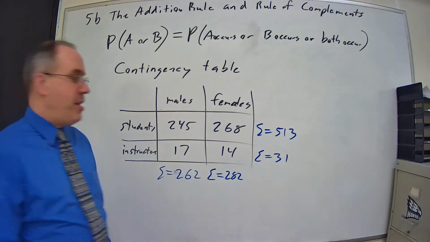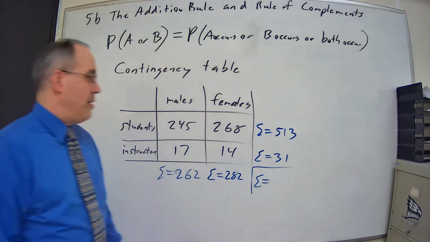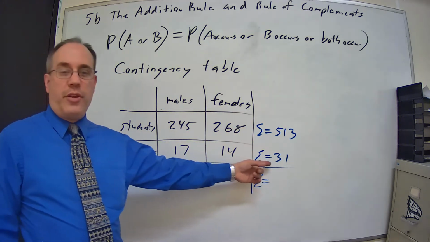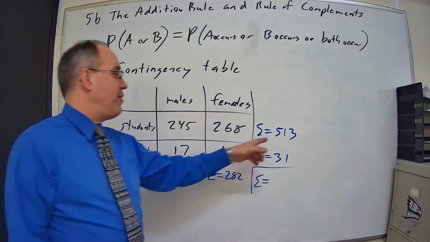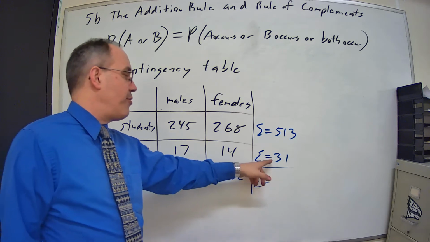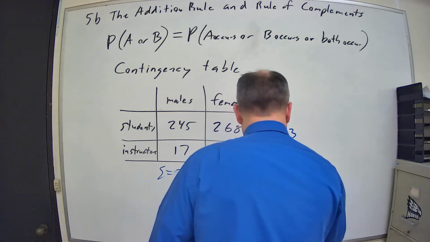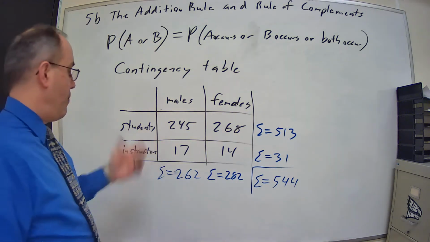Our final summation is to add up how many students plus how many instructors, which tells us how many total. We have 513 students plus another 31 instructors. That's 544 people in our sample.